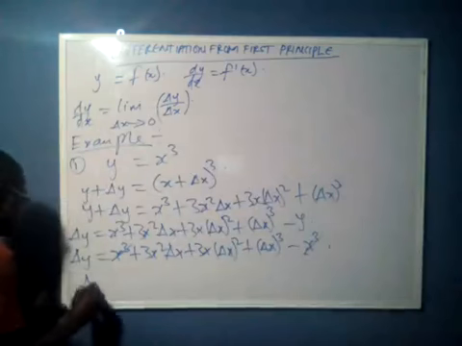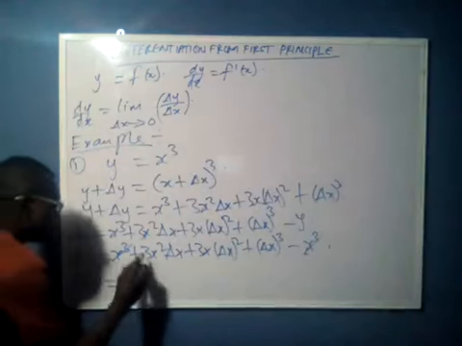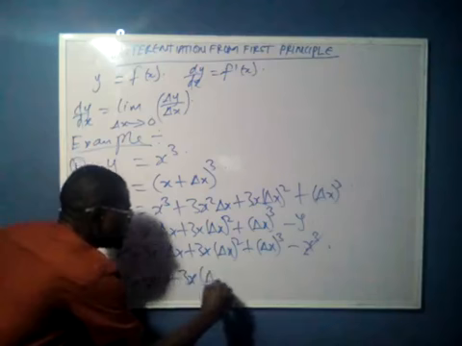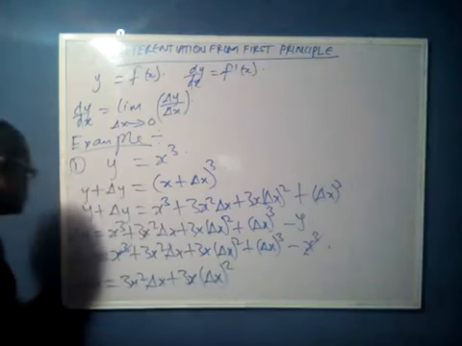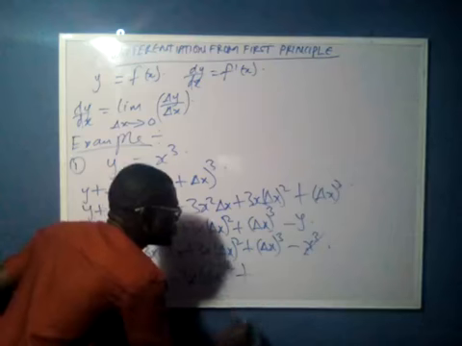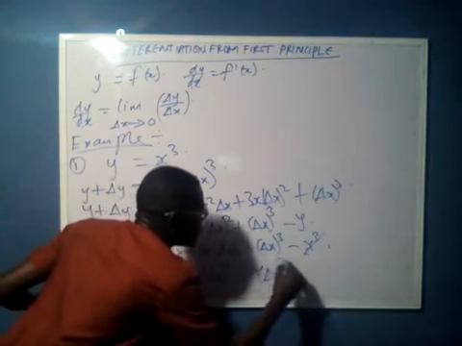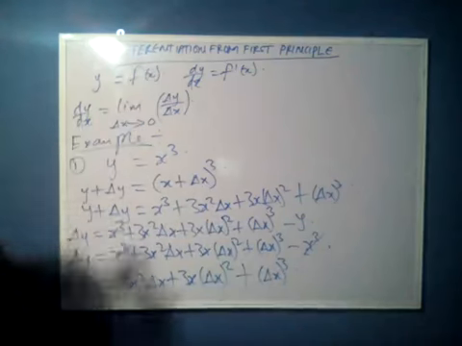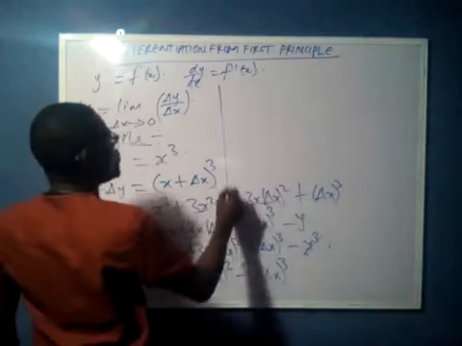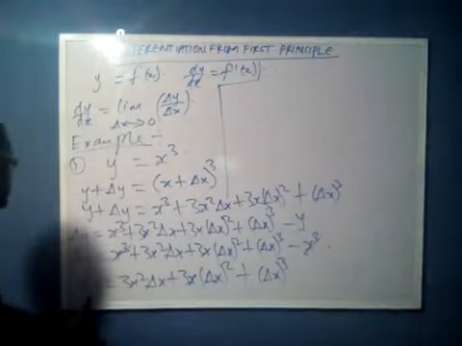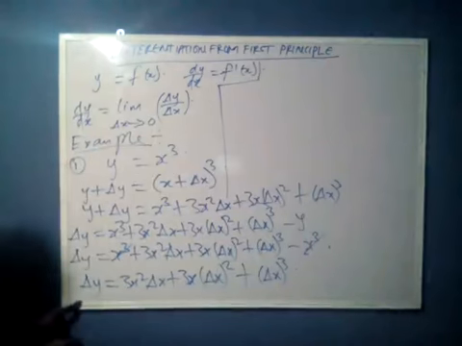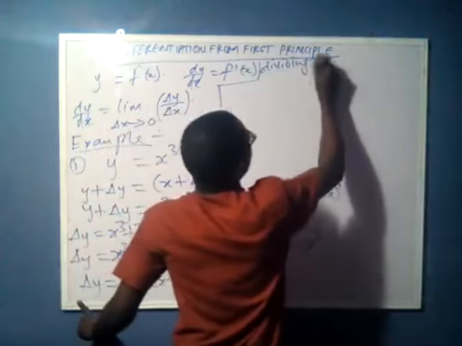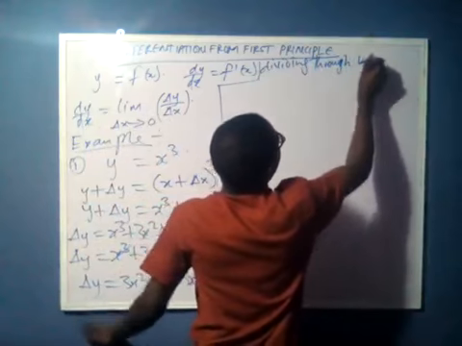We have delta y equal to 3x squared delta x plus 3x delta x squared plus delta x cubed. Don't forget, we are looking for delta y over delta x before we can take the limit. So what if we divide both sides by delta x?